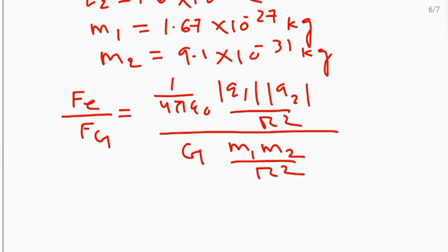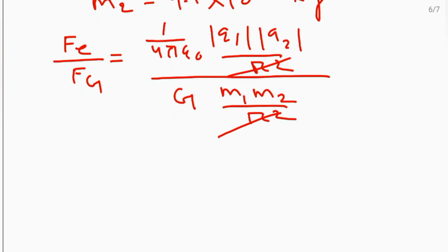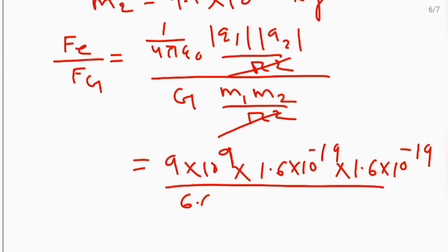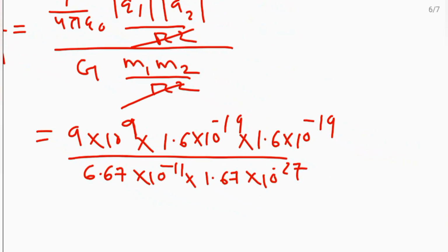So this r square and this r square will cancel each other, and we know the value of 1 by 4 pi epsilon 0 is 9 into 10 to the power 9, and q1 is 1.6 into 10 to the power minus 19, and q2 is 1.6 into 10 to the power minus 19, and the gravitational constant value is 6.67 into 10 to the power minus 11, and m1 is 1.67 into 10 to the power minus 27, and m2 is 9.1 into 10 to the power minus 31 kg.